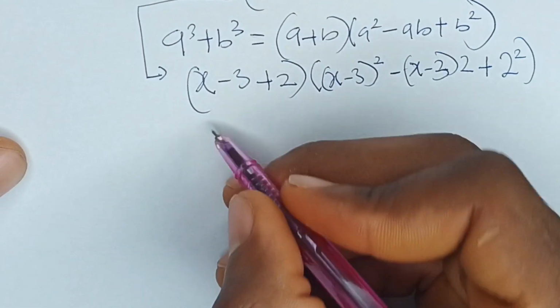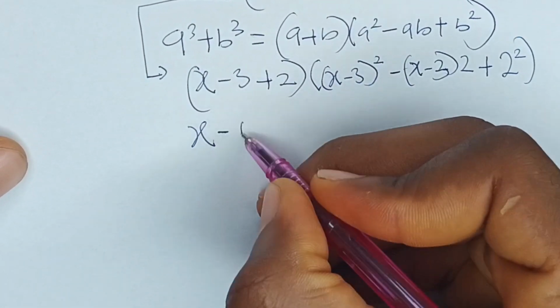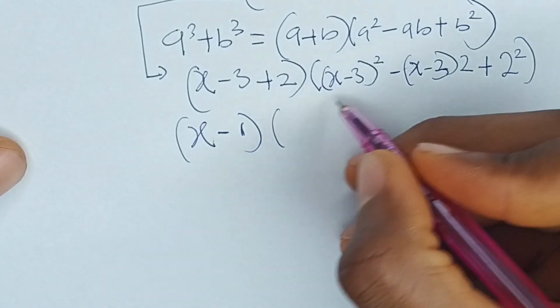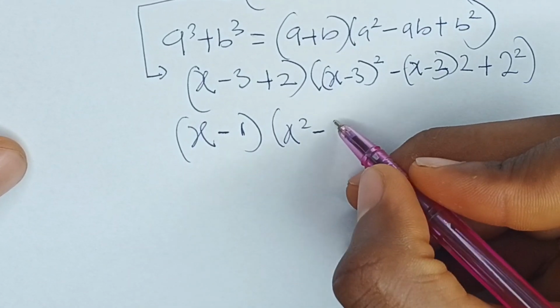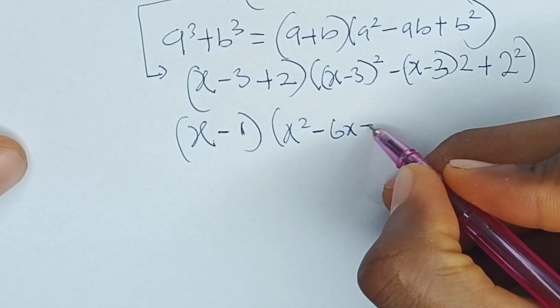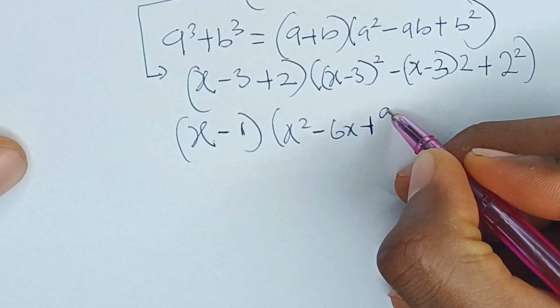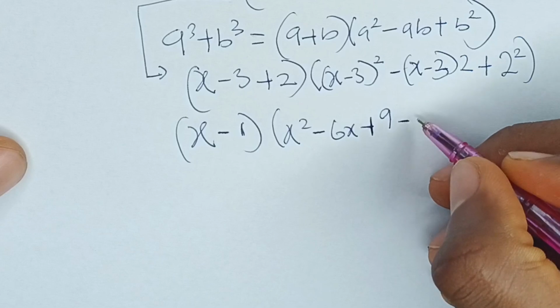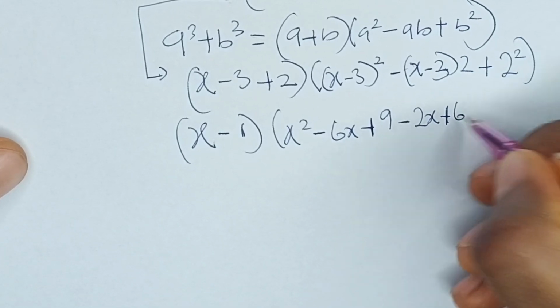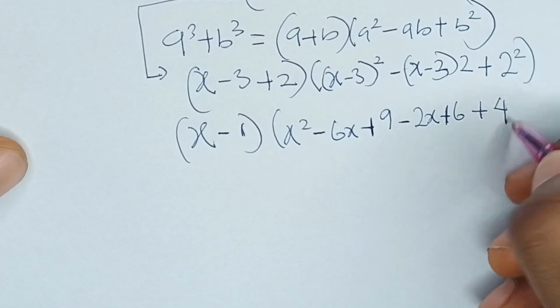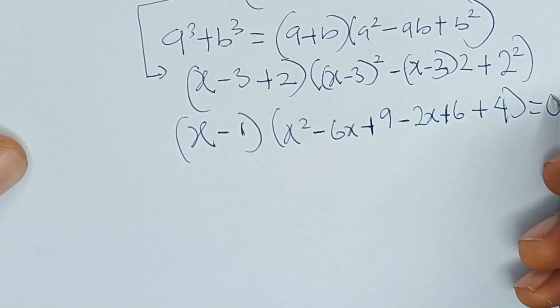This becomes (x − 1) multiplied by (x^2 − 6x + 9 − 2x + 6 + 4), equal to 0.